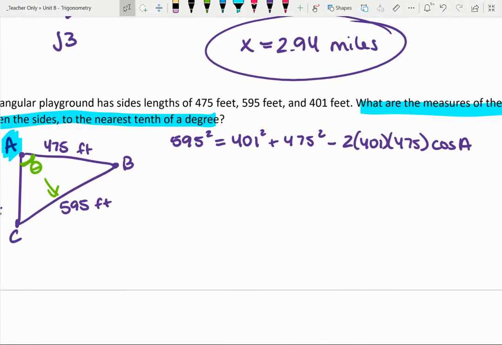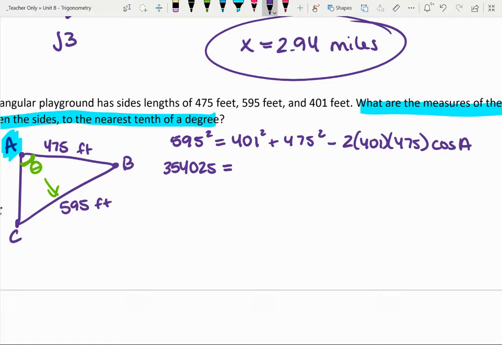So this one's not going to be quite as straightforward with our calculator. We're going to have to do a couple of calculations along the way. 595 squared is 354,025.